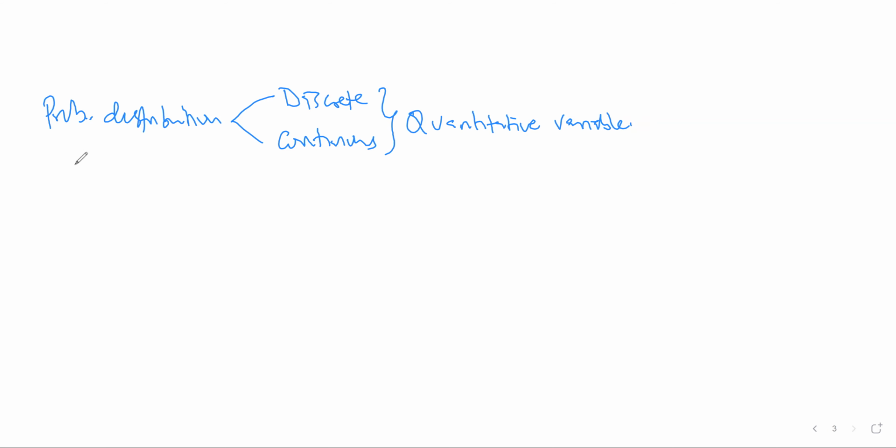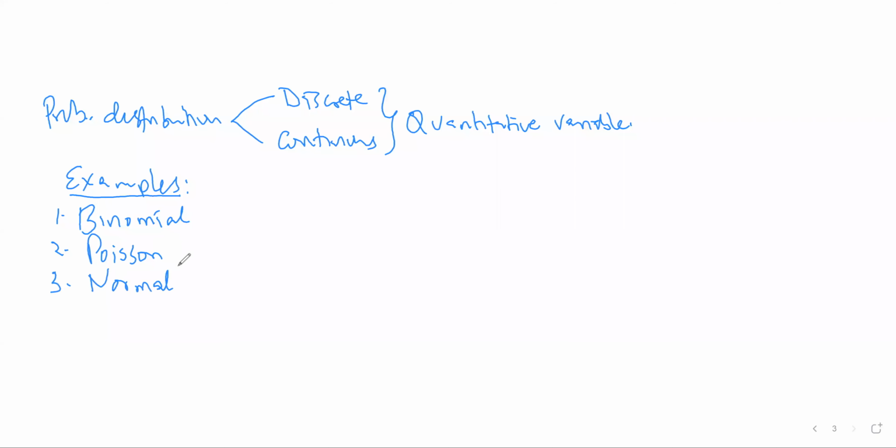So, examples of probability distributions. We have many probability distributions, but in this class our focus will be on what we call the binomial, the Poisson distribution (Poisson is capital P here because it's the name of a person), and then the normal probability distribution.